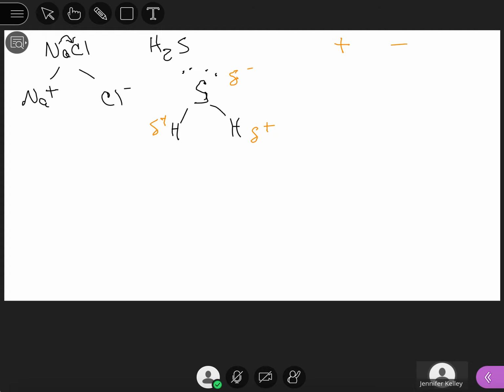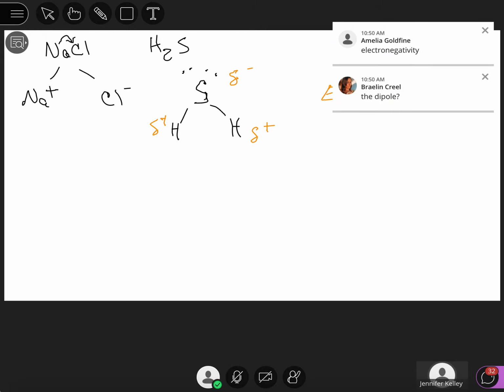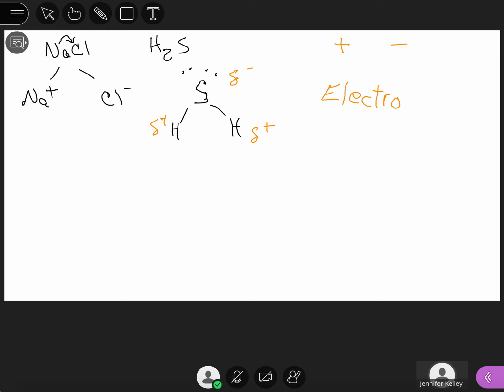So how do I know which end of the H2S is plus and which end is minus? Dipole electronegativity? Yes, that's correct. The one here that's more electronegative is sulfur, so that's why it gets the partial minus. And hydrogen is less electronegative, so it gets partial positive.